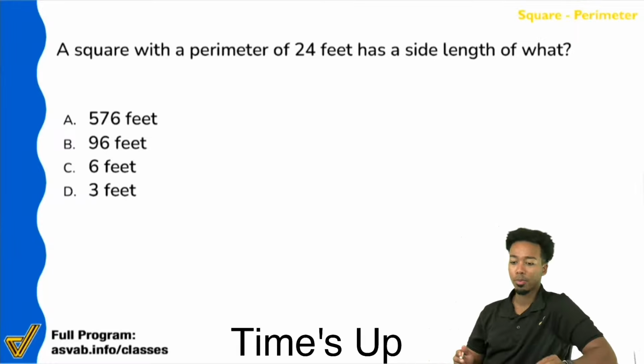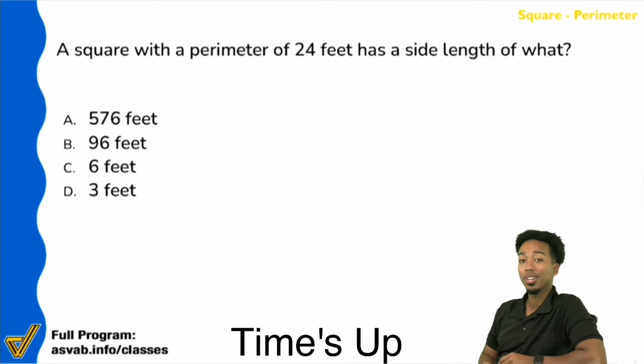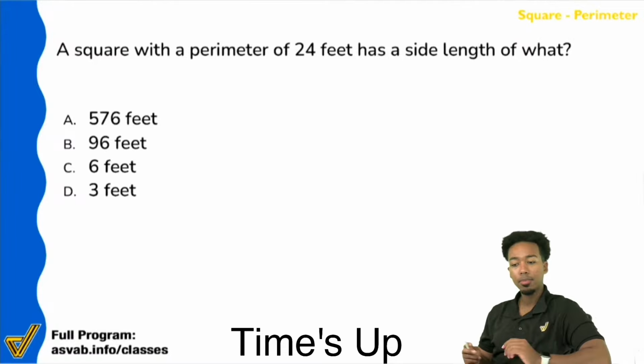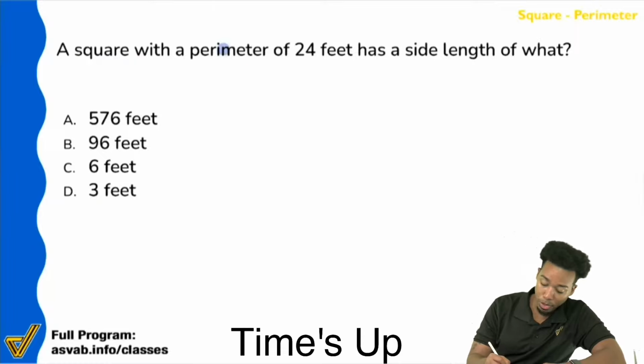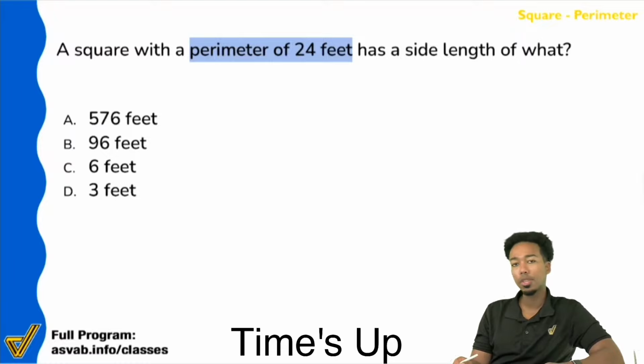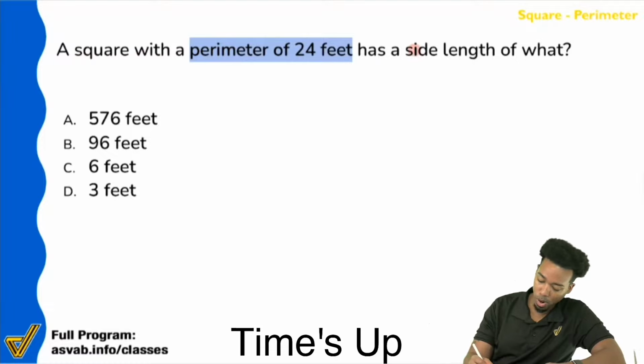So let's get into it, my party people. This is a one sentence question. My question is this: in one word, can you tell me what we're looking for? Yeah, we're looking for the side. Here, check it out. It says a square with a perimeter of 24 feet. It tells you that the perimeter is 24 feet. We're not looking for the perimeter. A square with a perimeter of 24 feet has a side length of what?